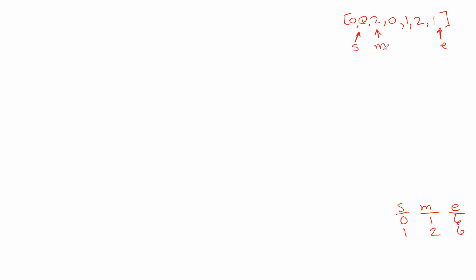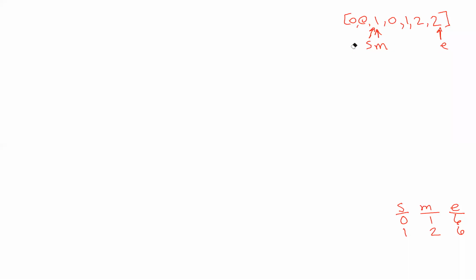We go through again and ask, is M greater than E, which it is? So we do a swap. Now we look at M: is 1 less than 0? It's not, so we keep it here. Then we look at whether S is equal to 0, which it is, so we need to increase it.